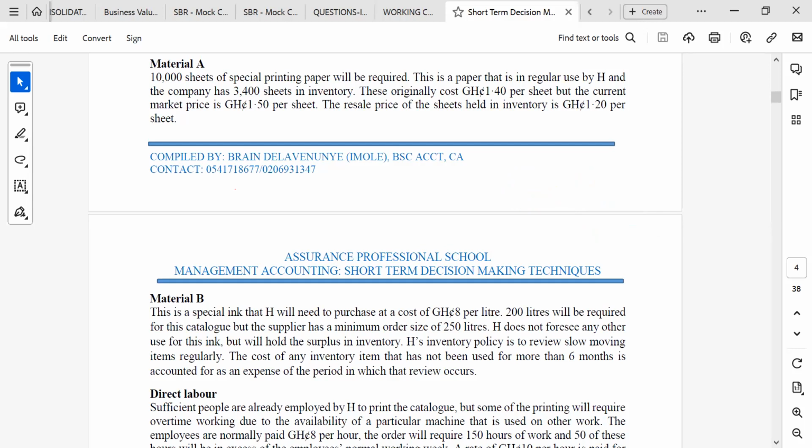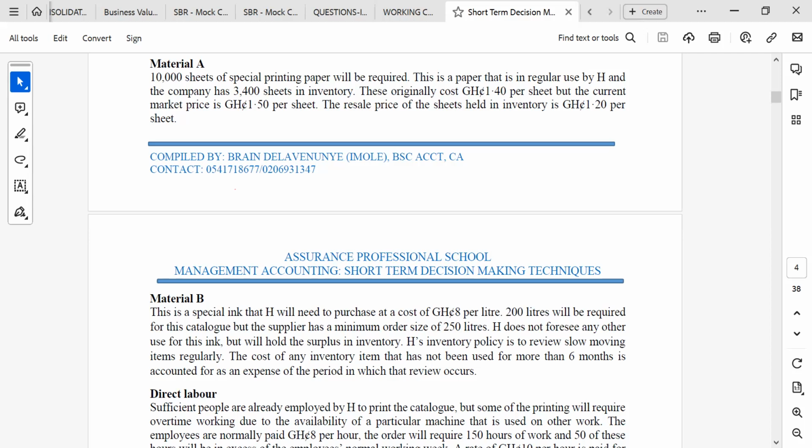Okay, this is a special ink that H will need to purchase at a cost of 8 cedi per liter. 200 liters will be required for this catalog, but the supplier has a minimum order size of 250. H does not foresee any other use for this ink, but we hold the surplus in inventory. You can see that we need only 200, but we are buying 250, isn't it?